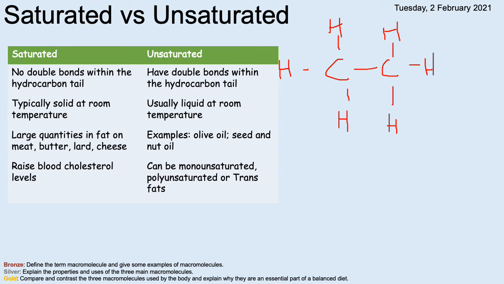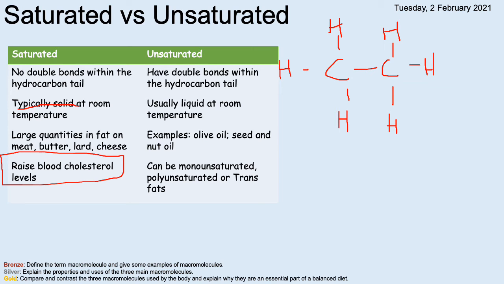So saturated fats are typically solid at room temperature, and large quantities of saturated fats are found in meats, fat on meat, butter, lard, and cheese. And they also raise the blood cholesterol levels. So that can be quite harmful to human health, which we'll touch on later as to why that is.